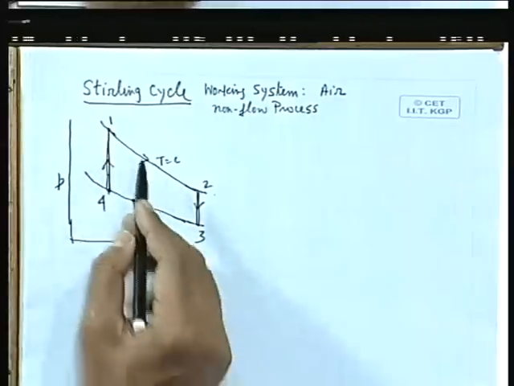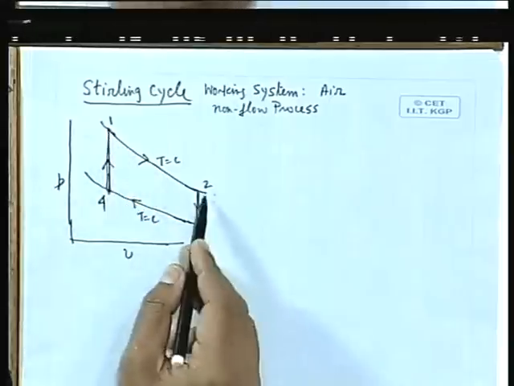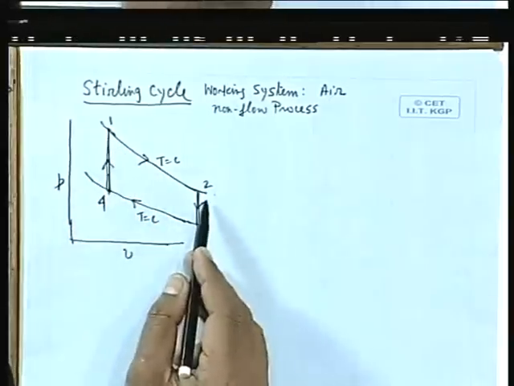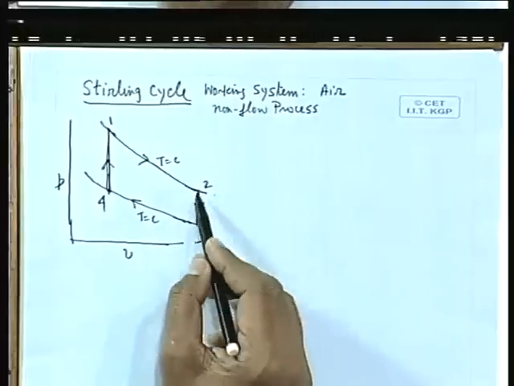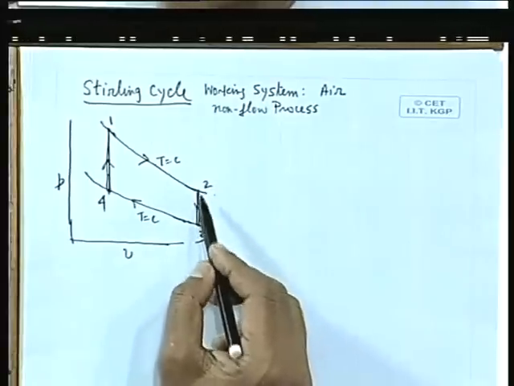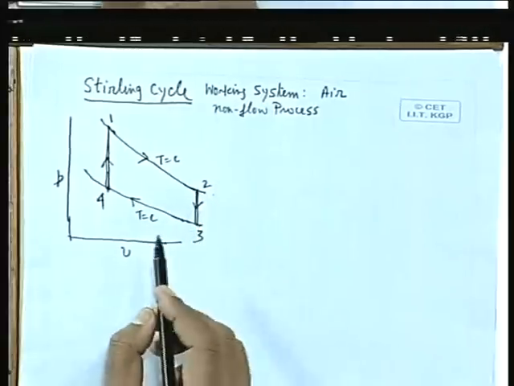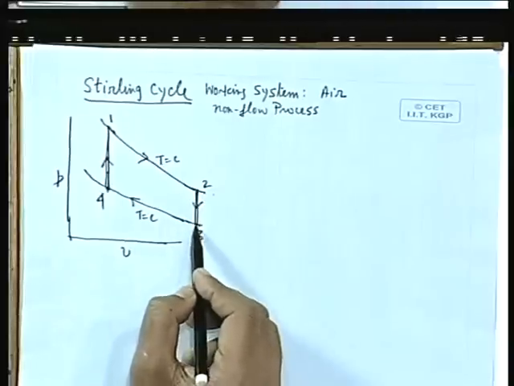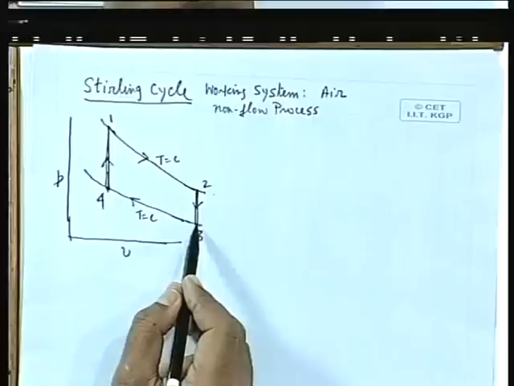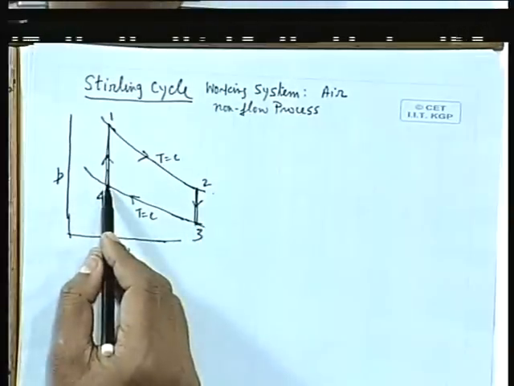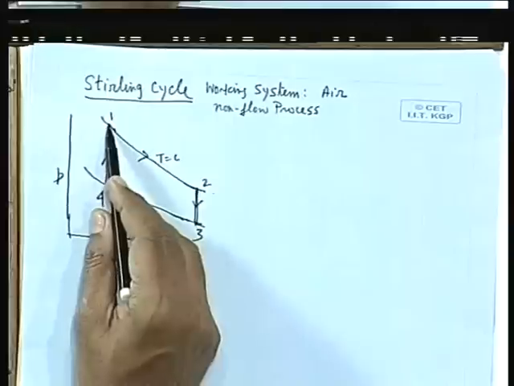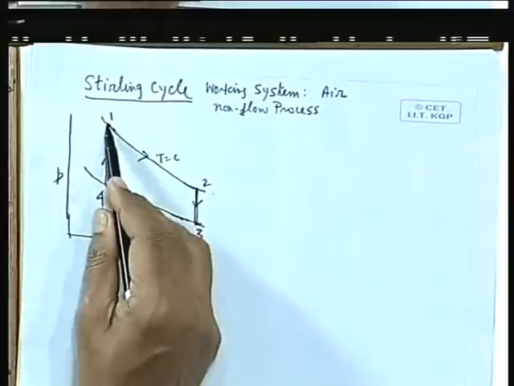This is one isothermal line, this goes in this direction from 1 to 2, that means this is an isothermal expansion. This is a constant volume process from 2 to 3, and there is a change in the pressure, and this is an isothermal process, constant temperature process where there is an increase in pressure, and this is again a constant volume process where there is an increase in pressure.